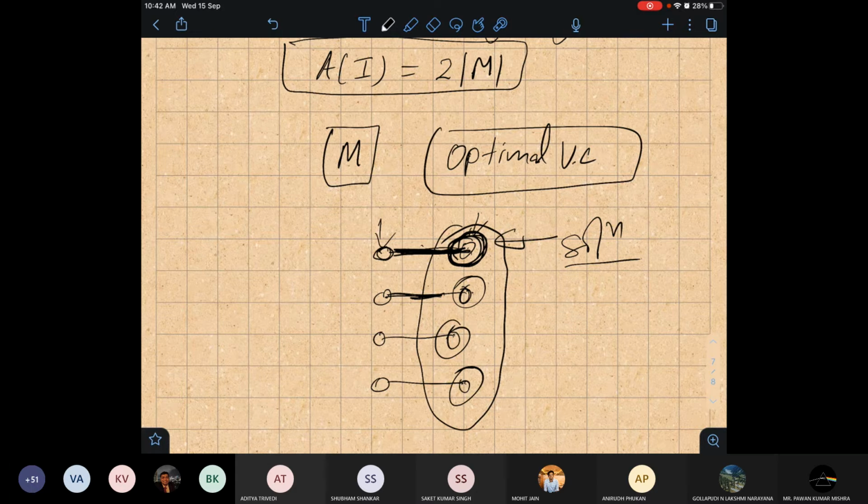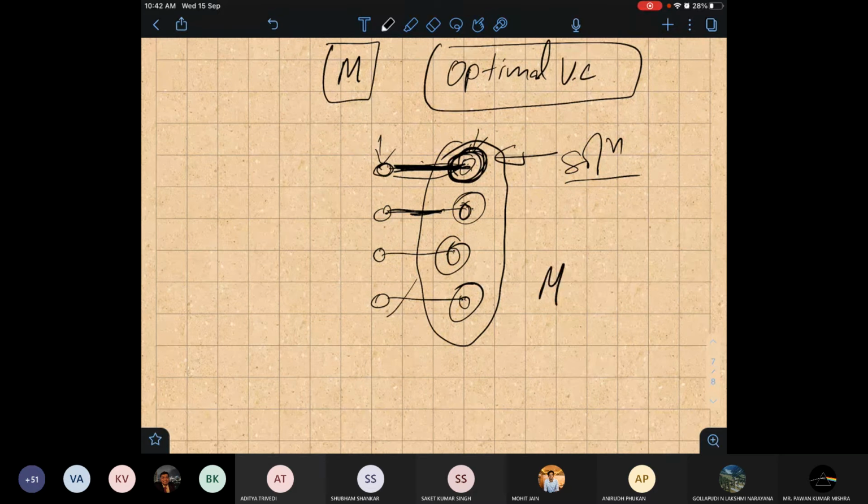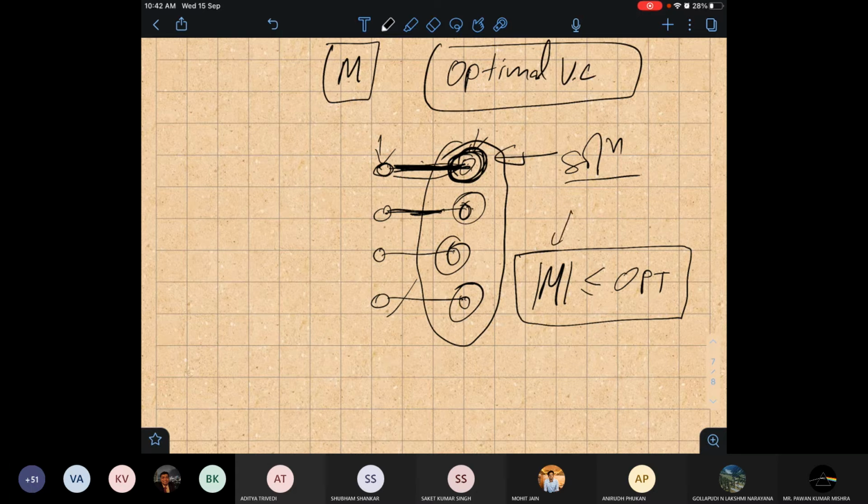Maybe we need more, but for each edge we need at least 1. So the size of the maximal matching is always less than or equal to the optimal vertex cover, meaning the optimal vertex cover will always have more nodes compared to the matching. Can you see this?